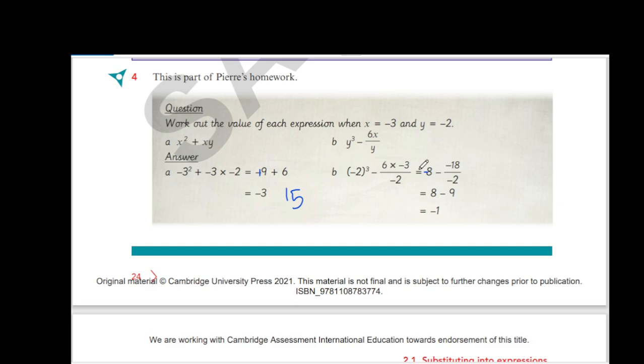And -6 into -3 is +18, and with the minus in front, it becomes -18, and this minus multiplied with 9 will make it -9. So -8 and -9 will make -17... so the answer of expression B is -11, not -1. So we are done with question number 4.